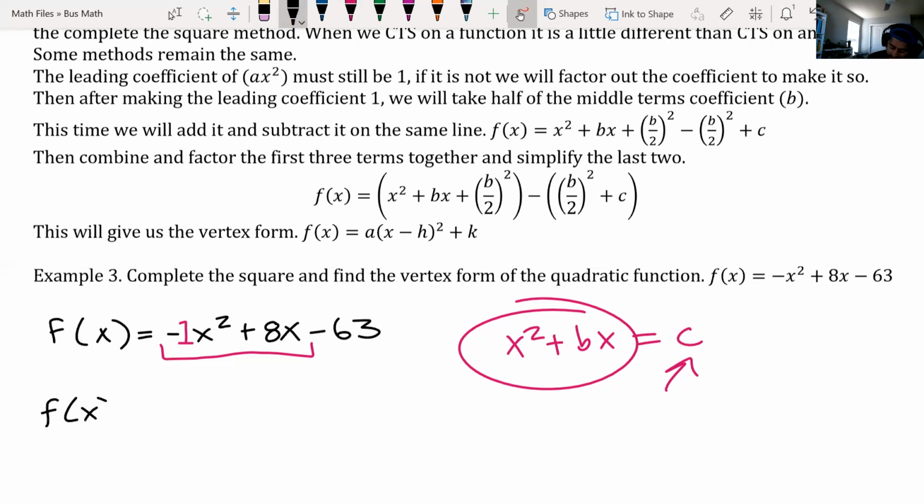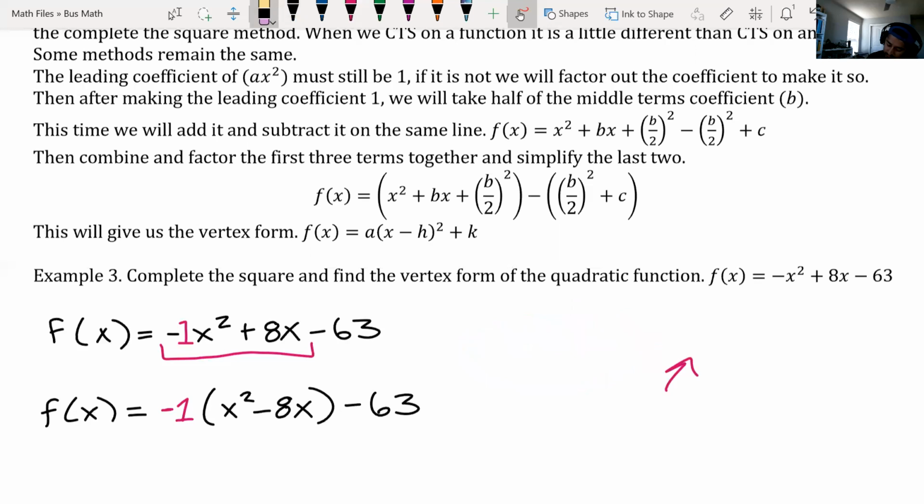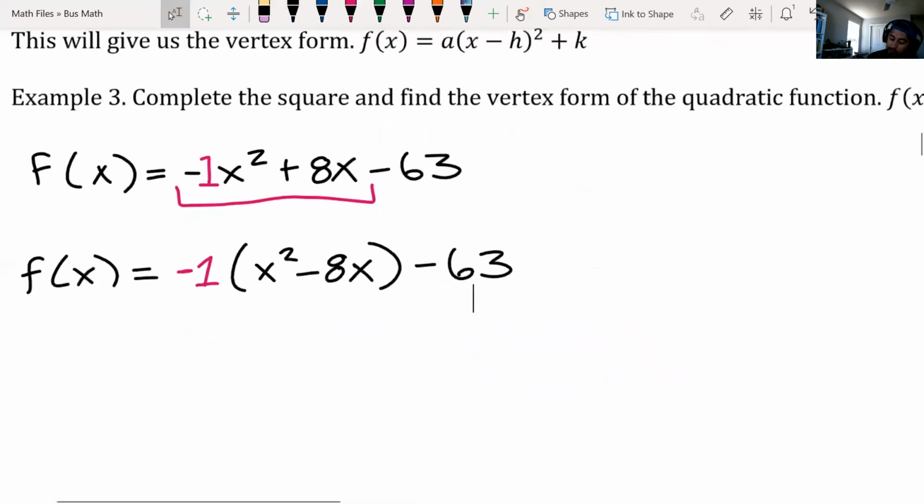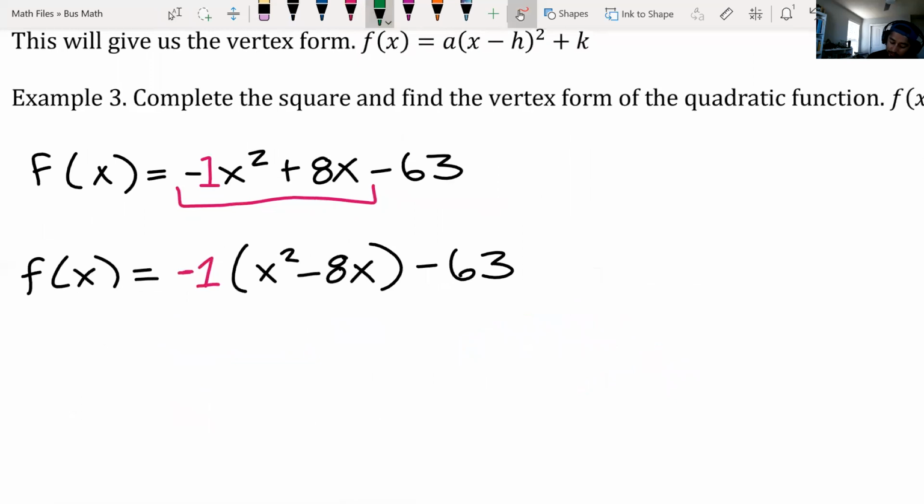So when I do this, I'm going to have -1 factored out. And this is going to give me positive x squared minus 8x, minus 63. And now the inside x terms is in my proper form.